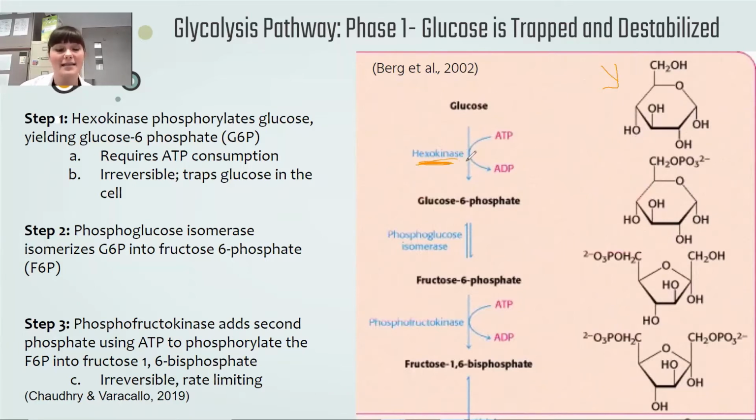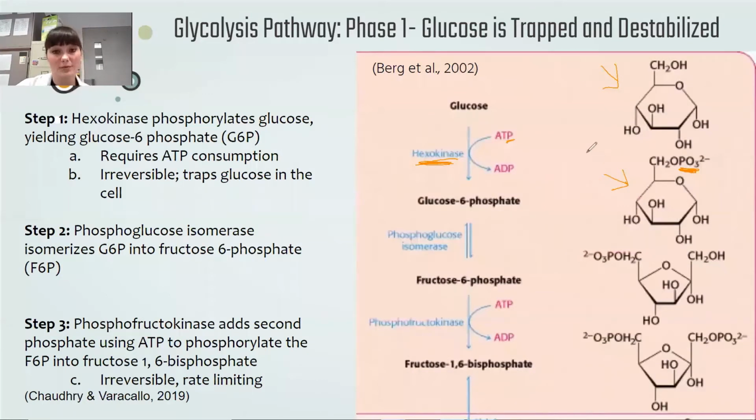Hexokinase is the enzyme that's going to catalyze this reaction using ATP. So it's going to take that phosphate off of ATP, making it ADP, and it's going to stick it onto that glucose. And so the result of that step we can see right here, and that phosphate got stuck on right at the top there.